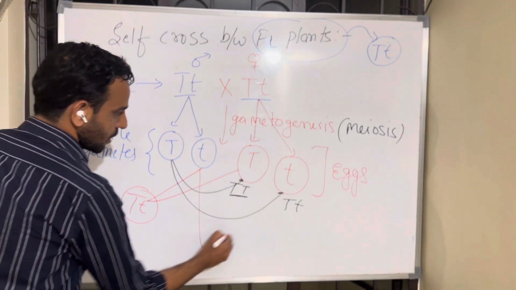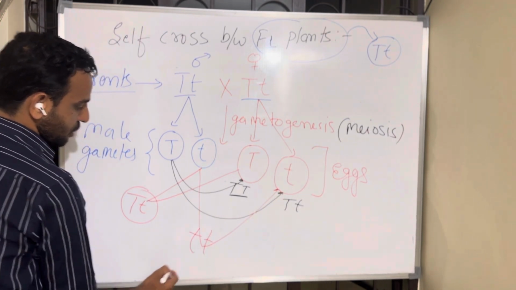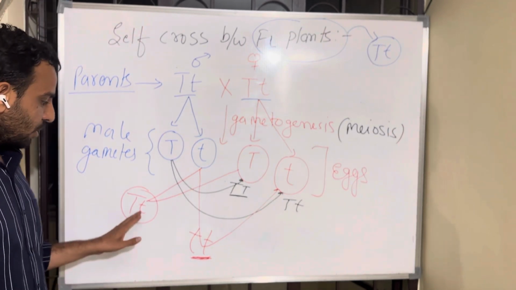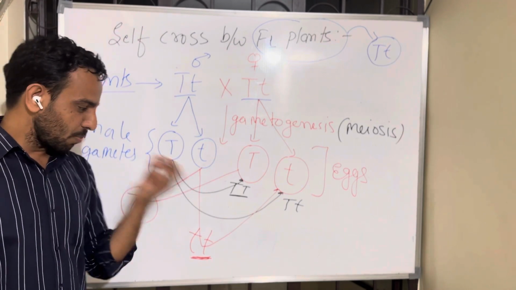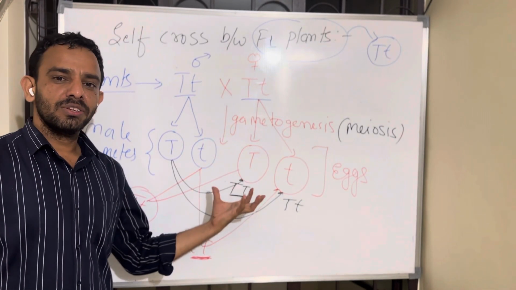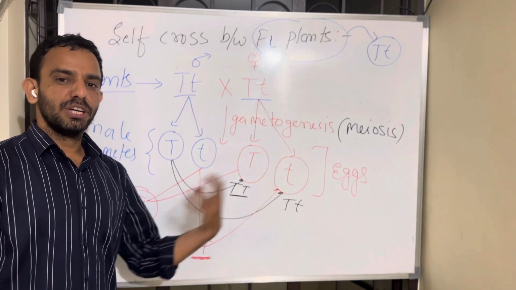Or this gamete can fuse with this one, and we will get capital T, small t. Or this gamete can fuse with this one, and we will get small t, small t. So these are the possibilities, 1, 2, 3, 4. These 4 zygotes we might get. So how many plants will we get? 4 plants, right?